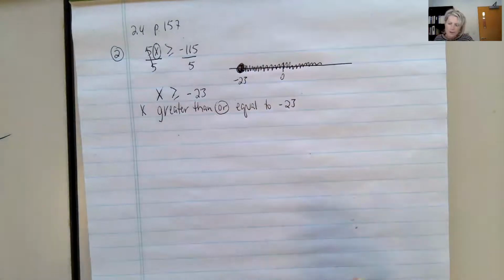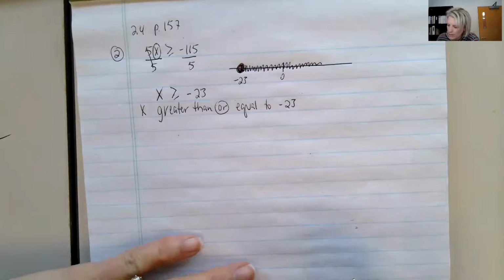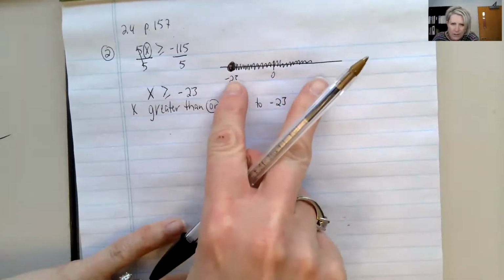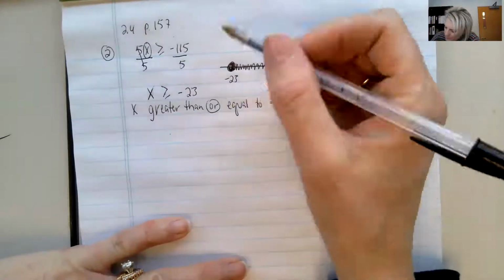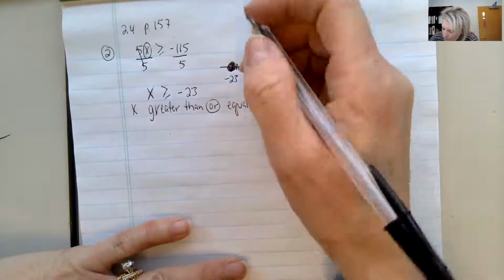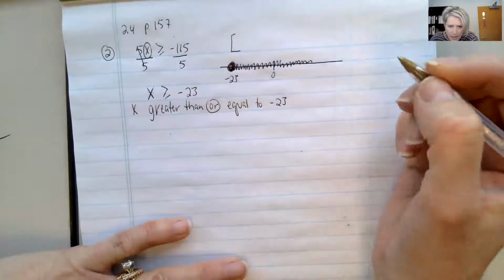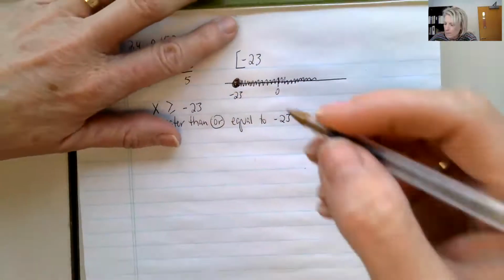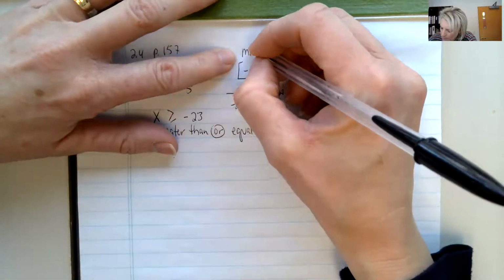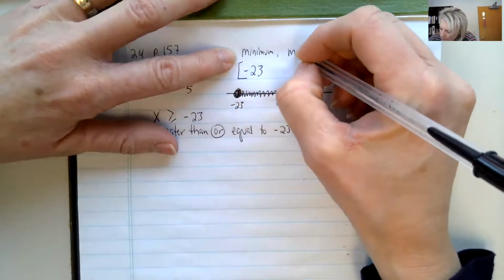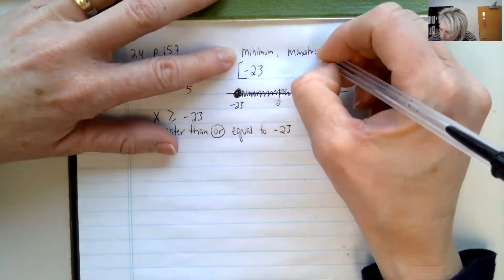Now, it doesn't ask for this, but every time we can practice our interval notation, it's a good time to do that. So my interval notation, I lined it up right with my number line. Because it's greater than or equal to negative 23, I'm using a bracket around the 23. My interval notation is always the minimum value that x can be, comma, the maximum value that x can be.